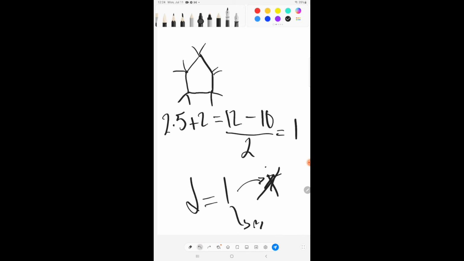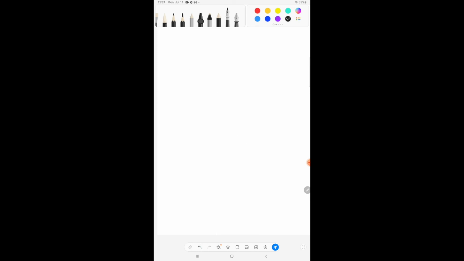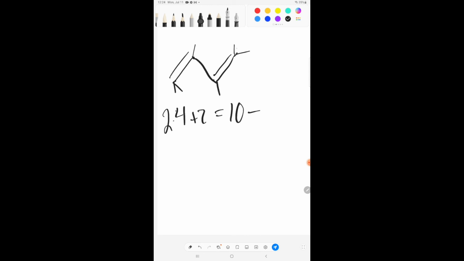Now, if we have degrees of unsaturation of 2, let's just do an example here. We have this one. So 1, 2, 3, 4, 4 carbons, 2 times 4 plus 2 is 10, minus how many hydrogens? Well, we have 1, 2, 1, 1, 1, 2. This is 6, yep.